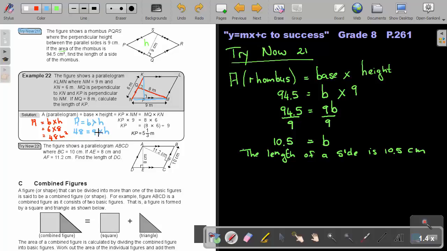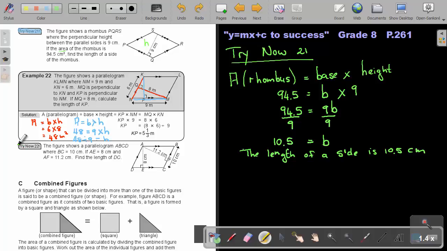So you say 48 divided by 9, and that will give you the height. If you press on your calculator 48 divided by 9, you will get 5 1/3 meters. So if you struggle to do it in one, do it in separate sums, then it will be easier.